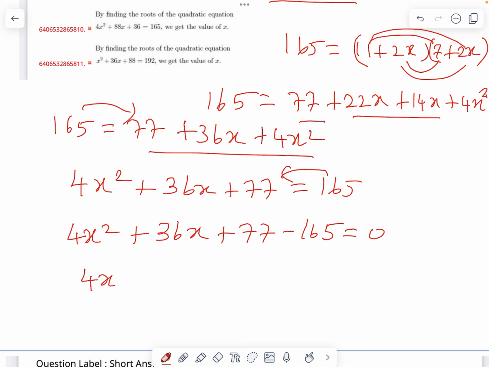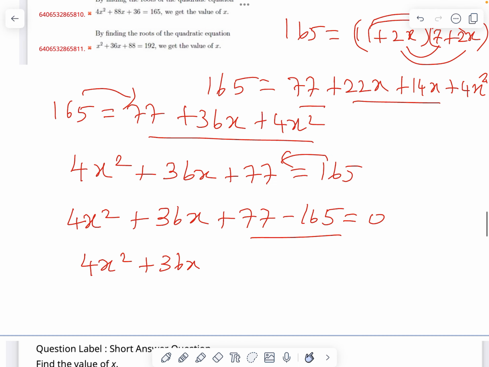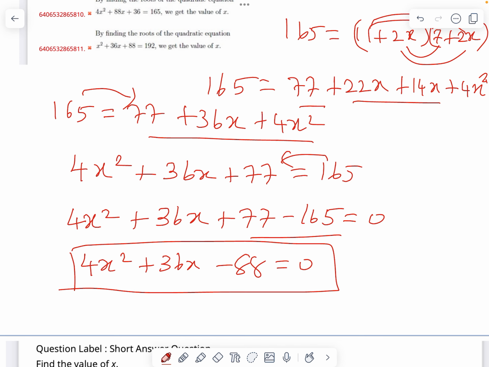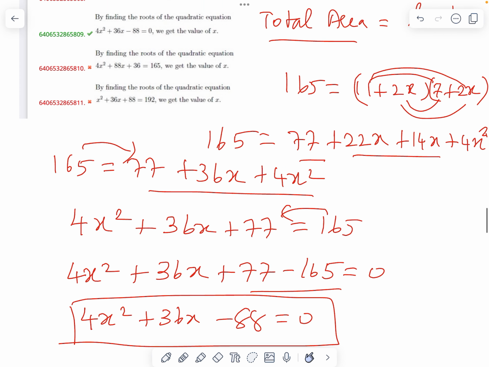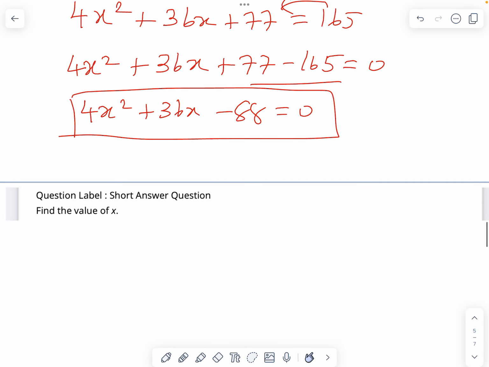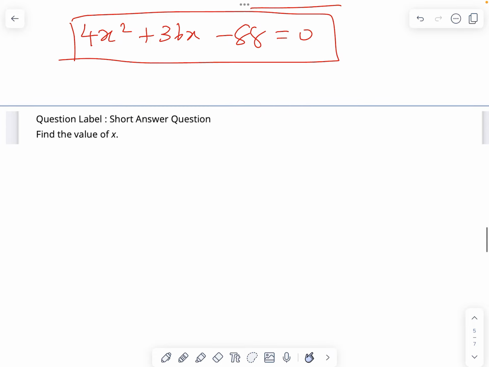What is 77 minus 165? It is minus 88, which is equal to 0. So which would be the correct answer? Option 2, the second option is the right answer. Hope you understood this. Now moving on to the next sum. This equation we got is in the form of a quadratic equation.